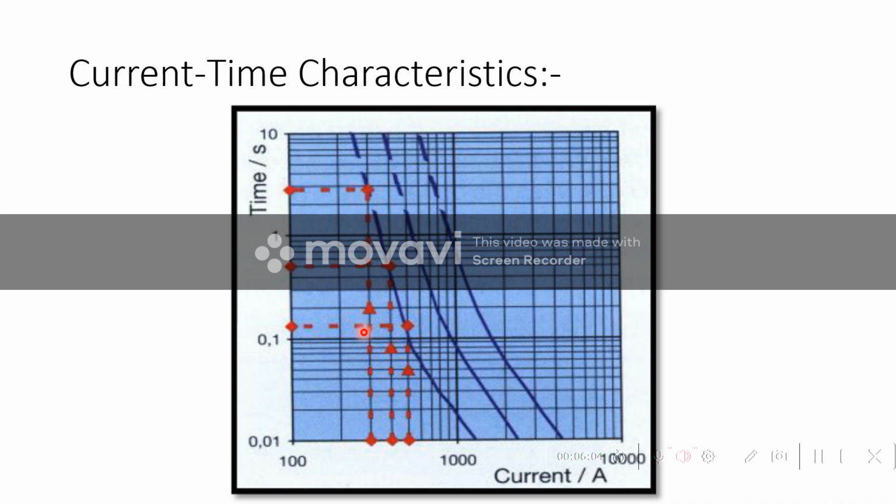But if you take 500 amps current, it takes about 0.15 milliseconds. So what you can observe from this graph is that for higher current, the fuse takes smaller time, and for smaller current, it takes a little bit higher time according to the graph.